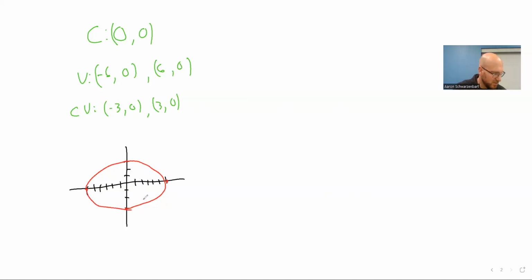So it asks me for the equation. Well, I know A here is 6. B, based on the distance from center to co-vertices, is 3. And H and K are 0. Standard form for an ellipse, over 36. Because A is going in the horizontal direction, I'm going to put the A under the X. Oh, I did my co-vertices backwards.